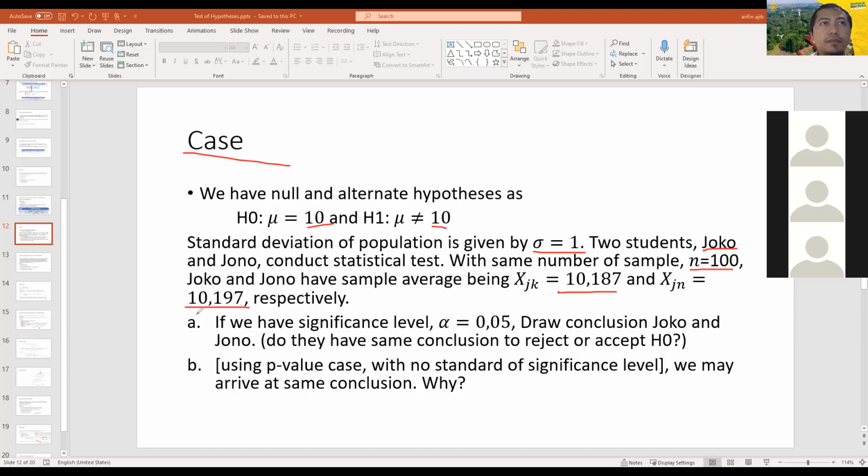If we have a significance level, in this case using hypothesis testing, with alpha being 5% or 0.05, draw conclusions for Joko and Jono. Do they have the same conclusion to reject or accept the null hypothesis?